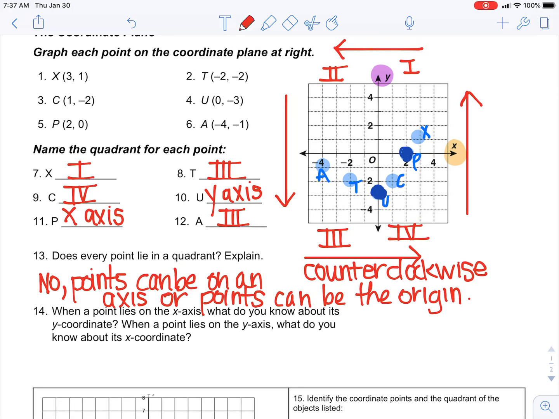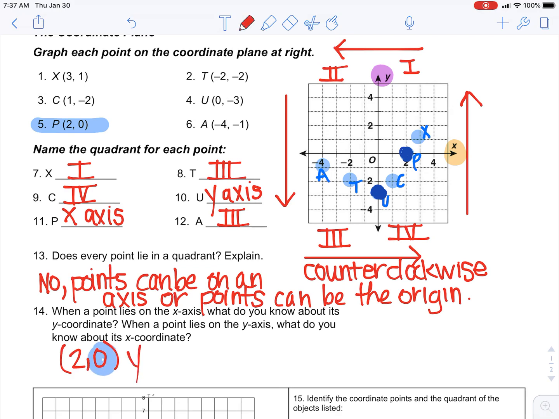Question 14. When a point lies on the x-axis, what do you know about its y-coordinate? So let's look at point P up at the top. Point P was on the x-axis. So what do we know about its y-coordinate? Well, we have 2, 0. So the 0 is our y-coordinate.